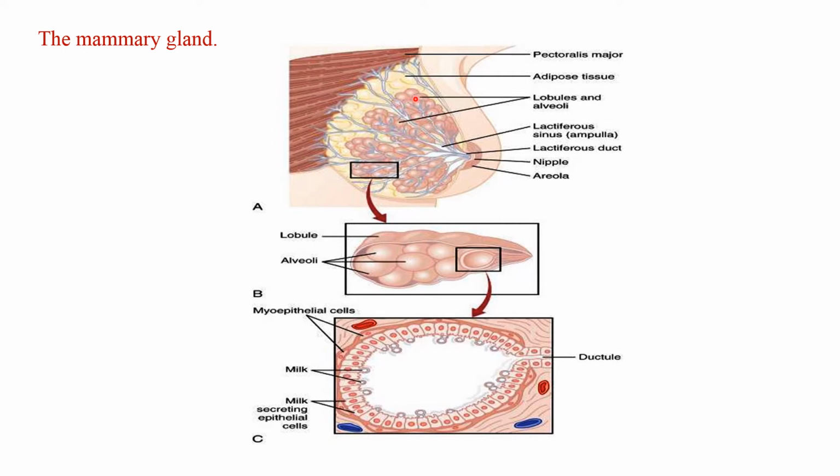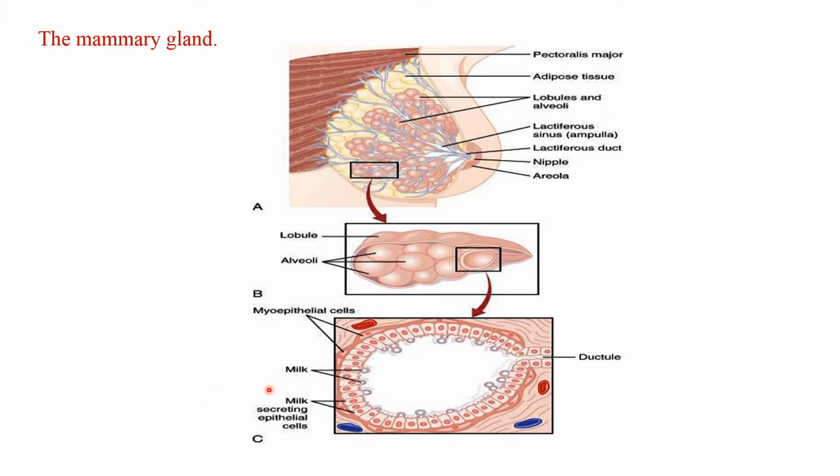Within the breast we have lobules, and within the lobules we have alveoli, and these alveoli contain the secretory glands which synthesize milk. So if you look here, this is an exocrine gland. We have the secretory cells, they are epithelial cells in the mammary gland, and these are the ones which synthesize and secrete the milk.